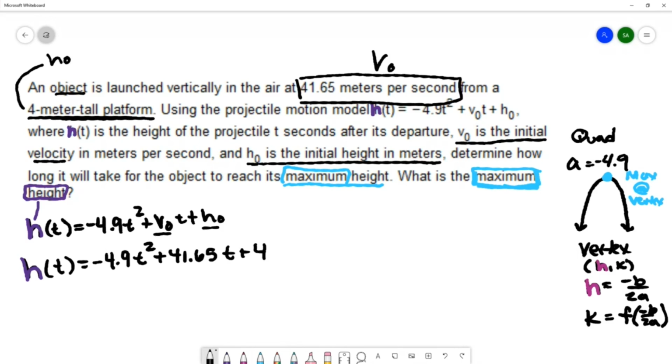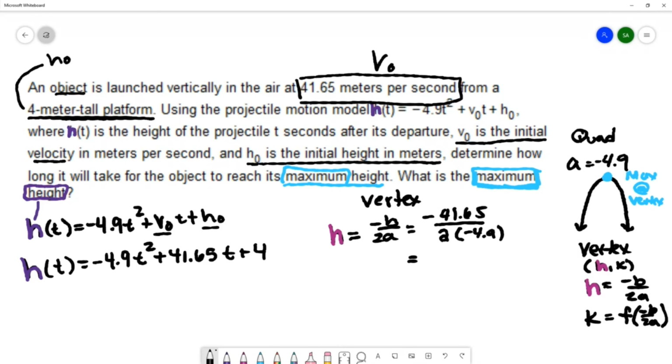So when we're finding the vertex, we're going to calculate h. This h is the x-coordinate of the vertex with the formula negative b over 2a. The b in this is 41.65, so we have negative 41.65 over 2 times a. A is negative 4.9.